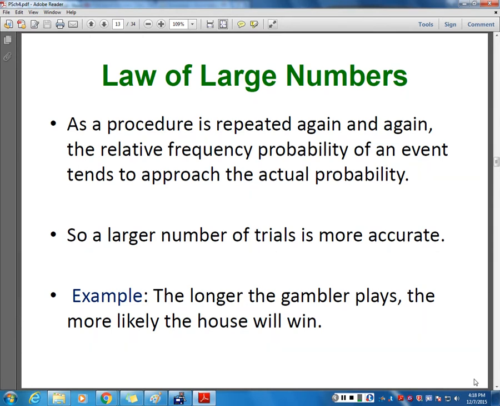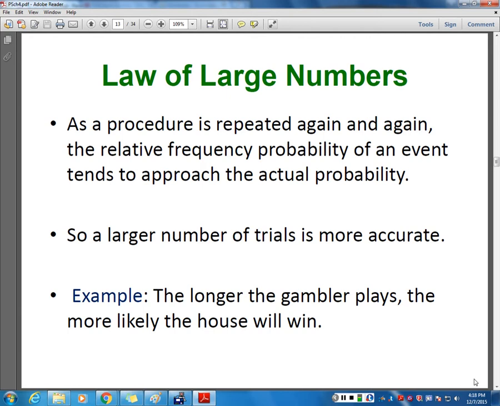If I give you a quarter and I tell you to flip that coin 10 times, you might get 5 heads, you might not. If you flip it 100 times, you might get 50 heads, you might not, but it'll be closer, more likely than not. If you flip a coin 1,000,000 times or 1,000,000,000 times, the number of heads will get closer and closer to the classical probability, 50% of the time.